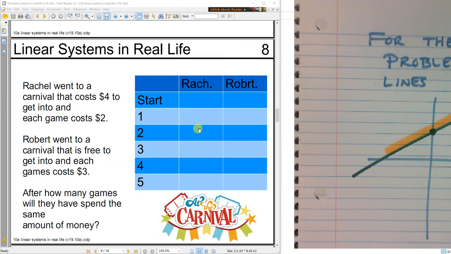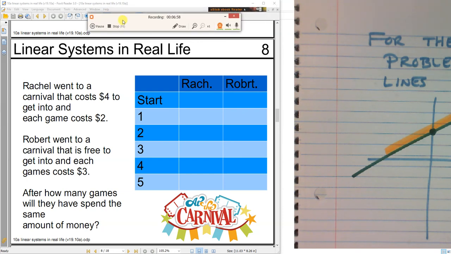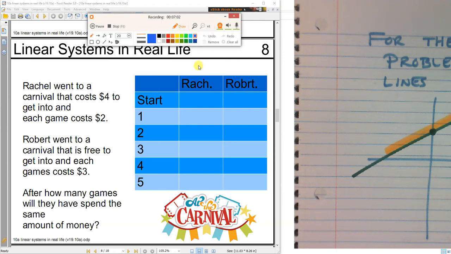All right, let's do this one. Okay. So Rachel went to a carnival that cost $4 to get in, so she spends $4 before anything even happens. Robert goes to a carnival that's free.